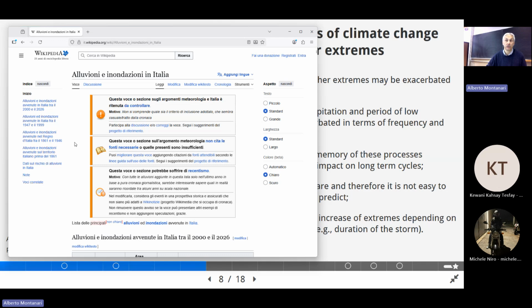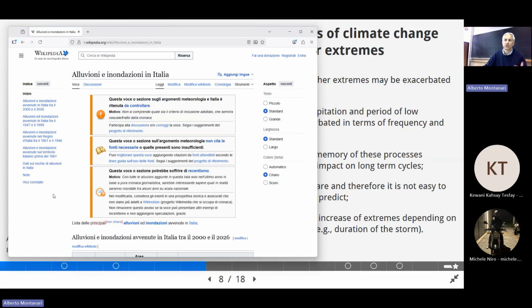And it is very useful to go to the discussion that generated these warnings. These warnings are more frequent in the national languages rather than the languages that are more international. And the reason is that in the national languages, the review of the Wikipedia entries is slower, and it is something that is managed by a smaller community, and therefore there is more uncertainty. So be careful of the warning.